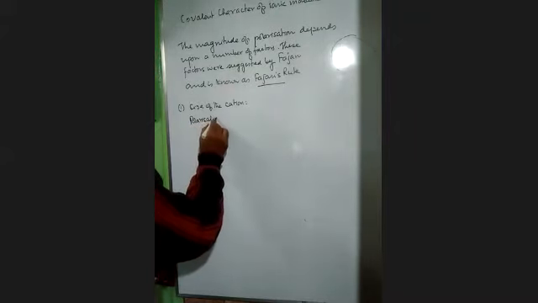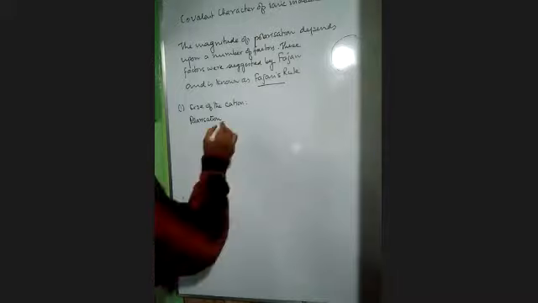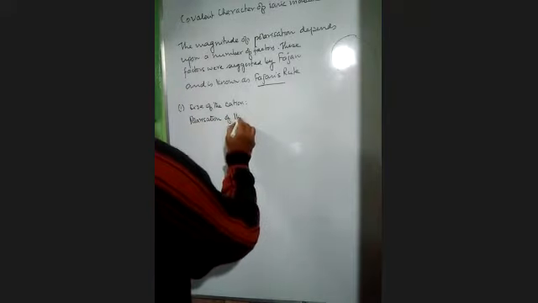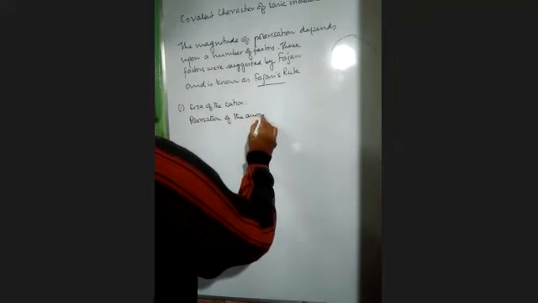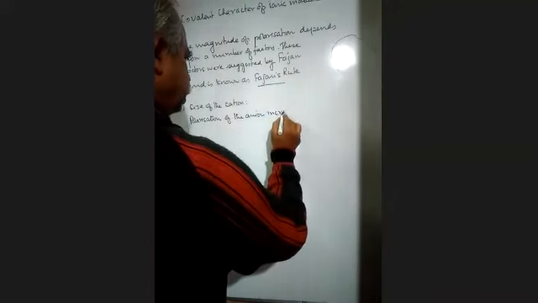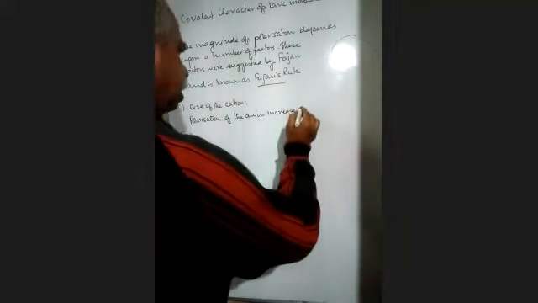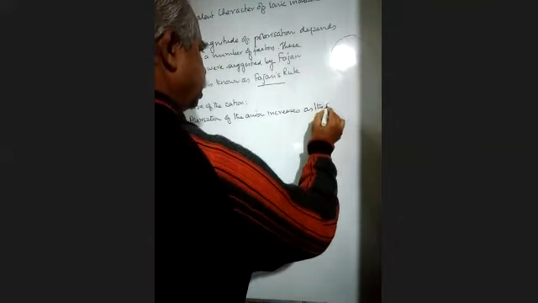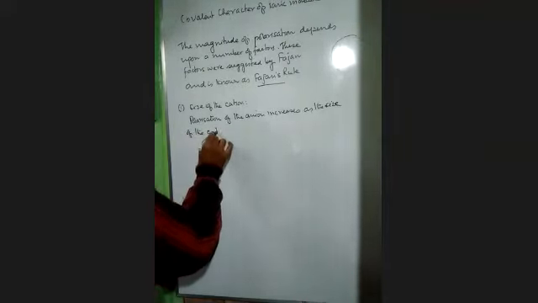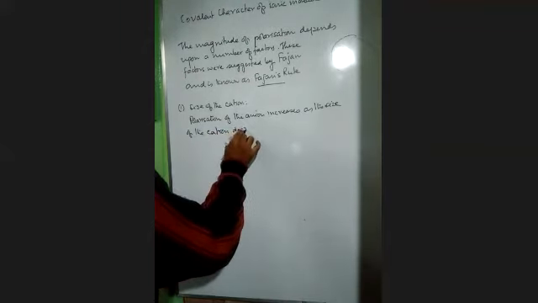Polarization of the anion increases as the size of the cation decreases.